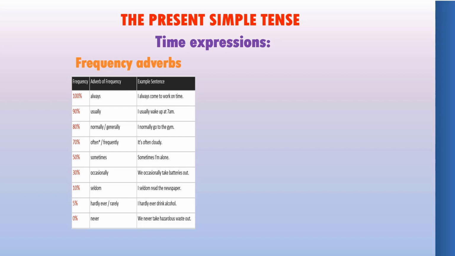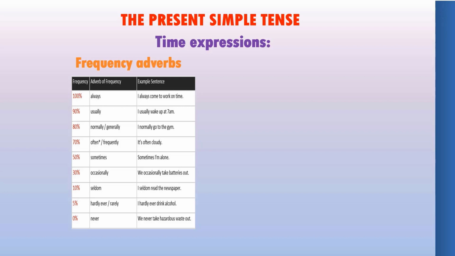It could be that a person never does the action, that's 0%, hardly 5%, seldom 10%, occasionally 30%, sometimes 50%, often 70%, normally 80%, usually 90%, and always 100%. So it's showing a pattern of when a person is doing something. There's a frequency of it.